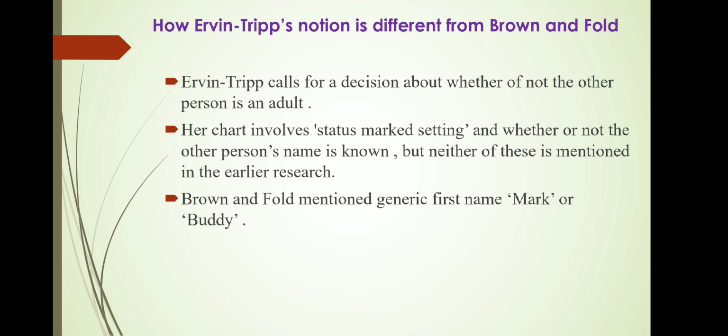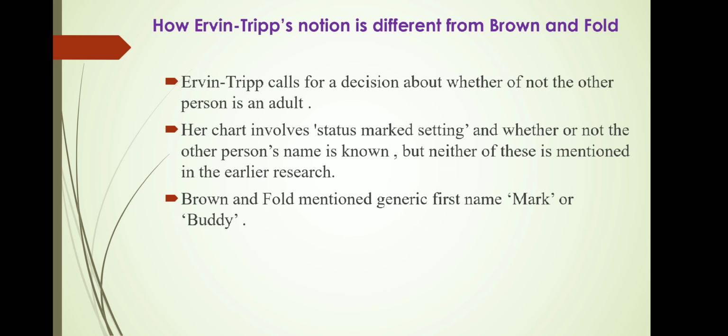Also, her chart involves status marked setting and whether or not the other person's name is known. But neither of these is mentioned in the earlier research. Brown and Ford mention generic first names like Mack or Buddy that we can use with someone whose name we don't know. So in general, they are used when the addressee's name is not known.